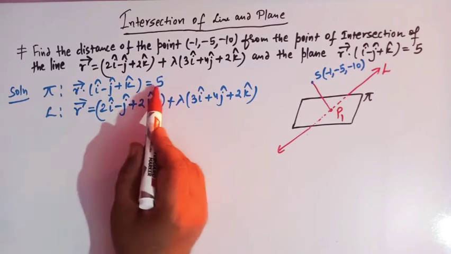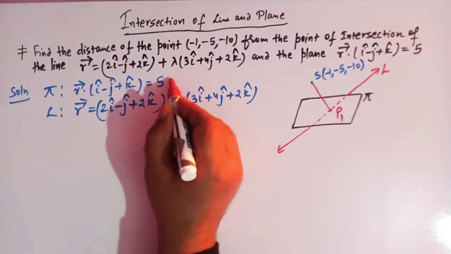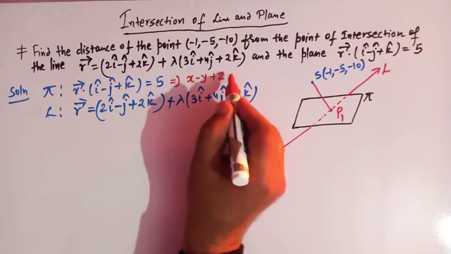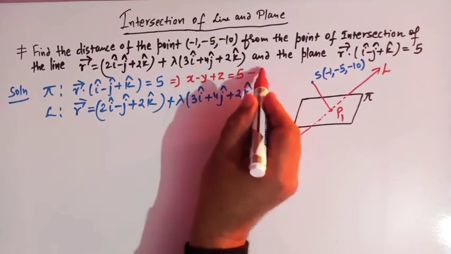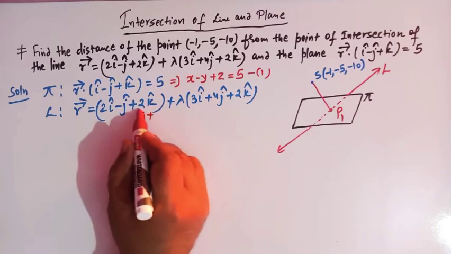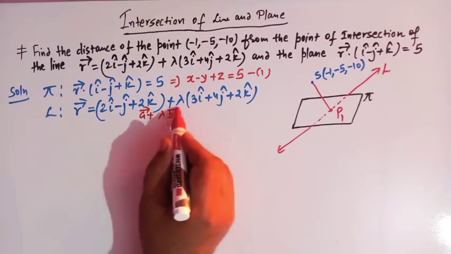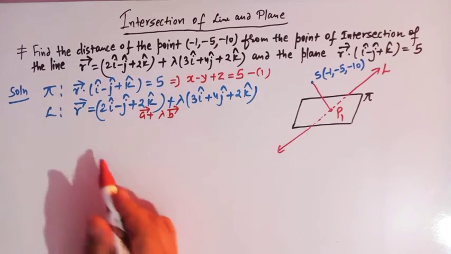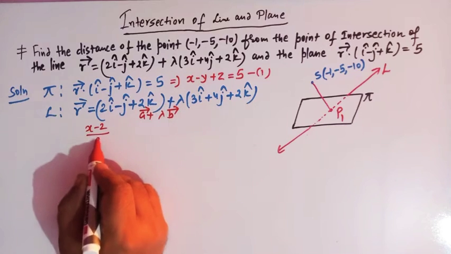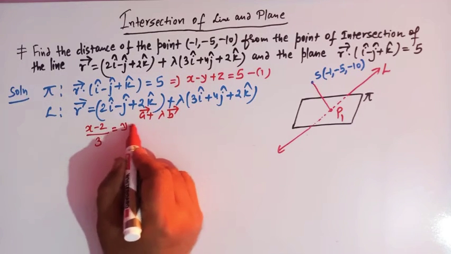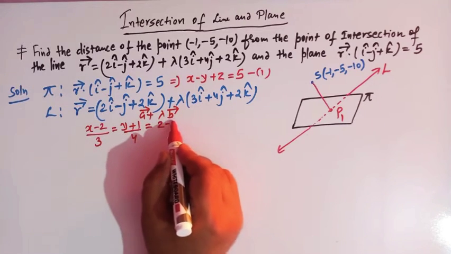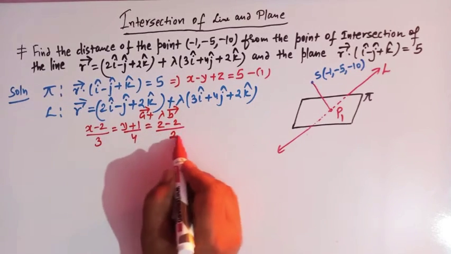So this equation of the plane can be written as x minus y plus z equal to 5, and the equation of this line, which is given in the vector form, can be written in the Cartesian form as x minus 2 divided by 3, then we have y plus 1 divided by 4, and z minus 2 divided by 2, right?